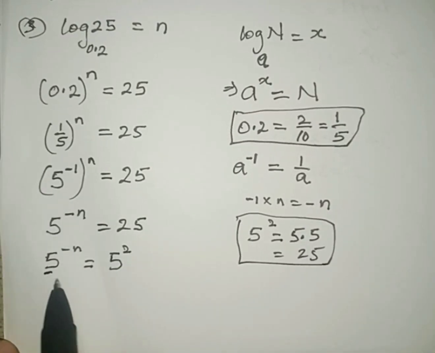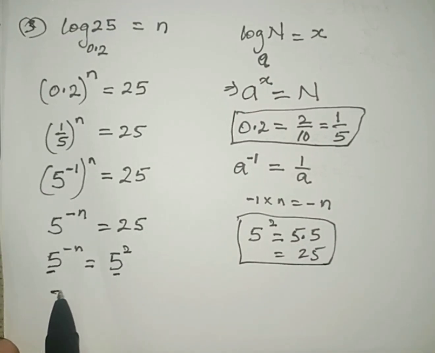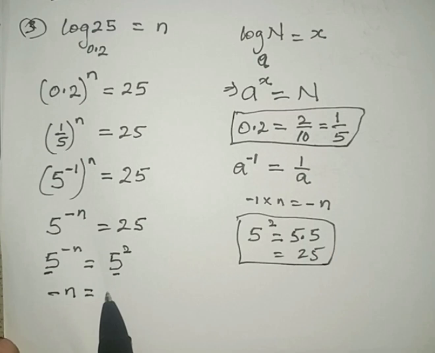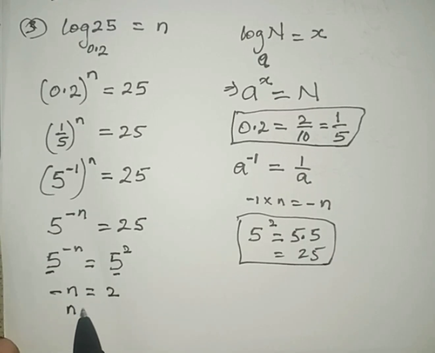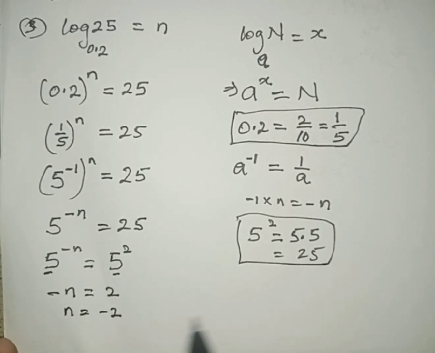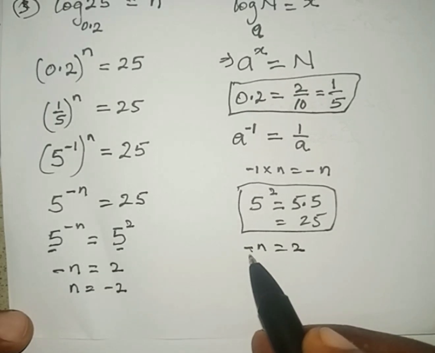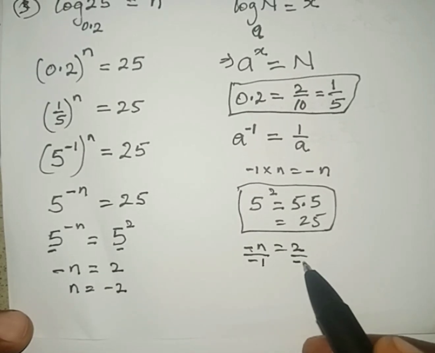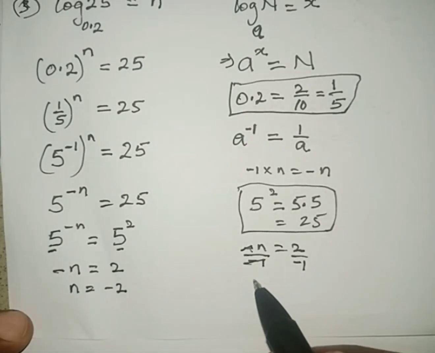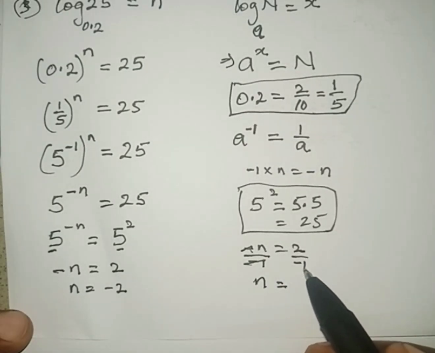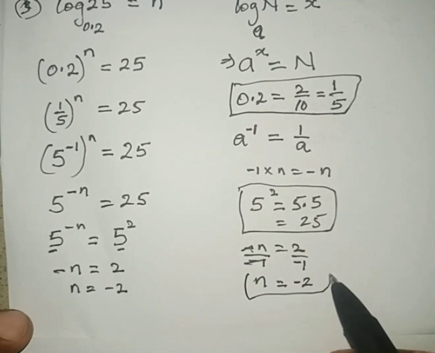So since the 5s here are equal, that means minus n is equal to 2. Minus n equals 2. We divide through by minus 1, then we have n equals 2 divided by minus 1, which is minus 2.